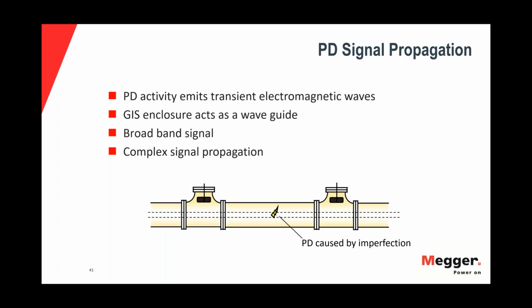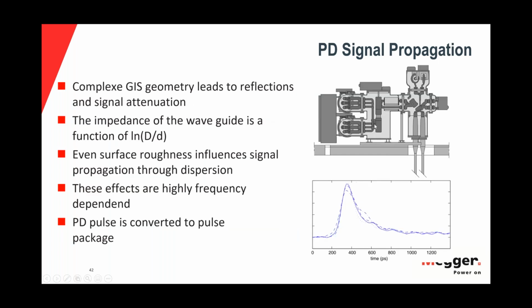But keep in mind that GIS is a complex signal. It's not as simple as it might seem. You can see here that PD propagates through areas left and right of the GIS, which can then be detected with various sensors shown in black here, left and right. As I mentioned, the GIS is a complex network, and that complex geometry leads to reflection and attenuation of the signal.